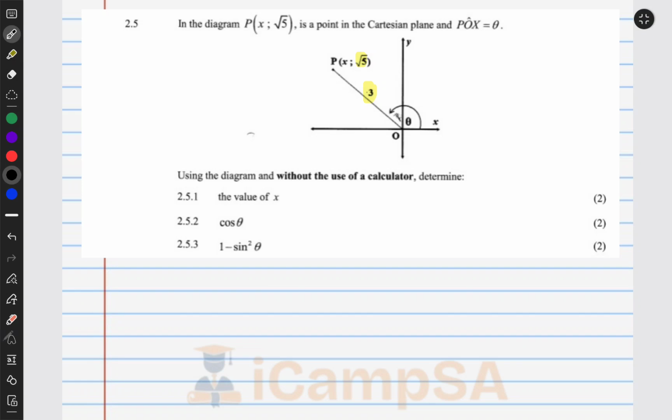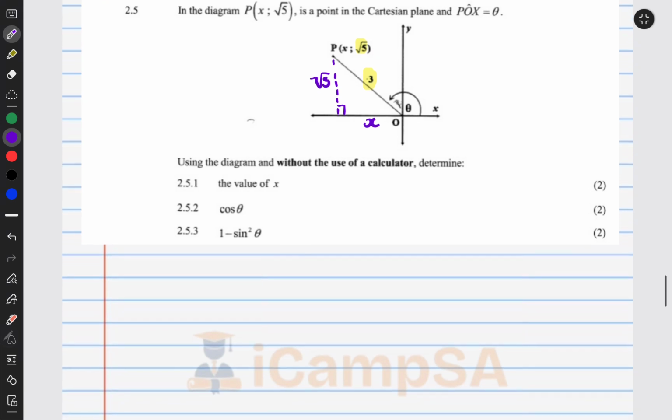So the value of x, we have to use what? Pythagoras theorem, because essentially we can construct a right angle triangle like this, and now we have two sides, this is root 5, and this is your x here. So we are looking for the side of x.